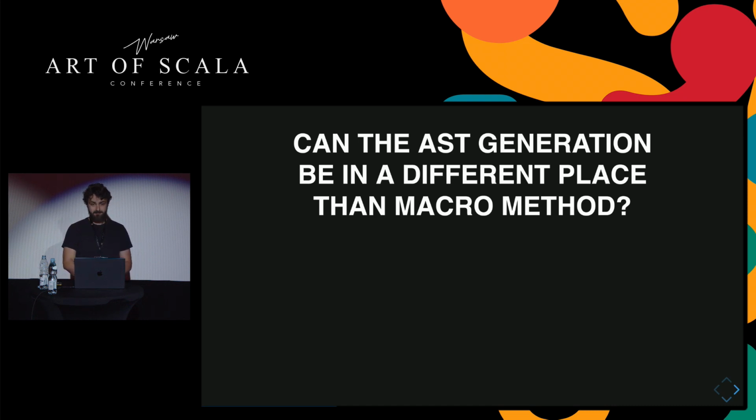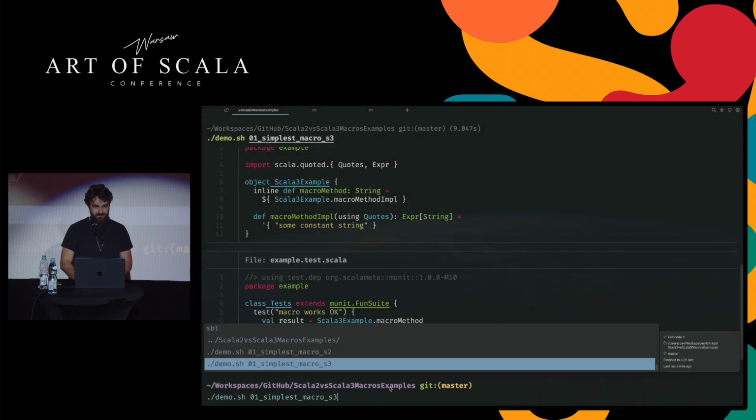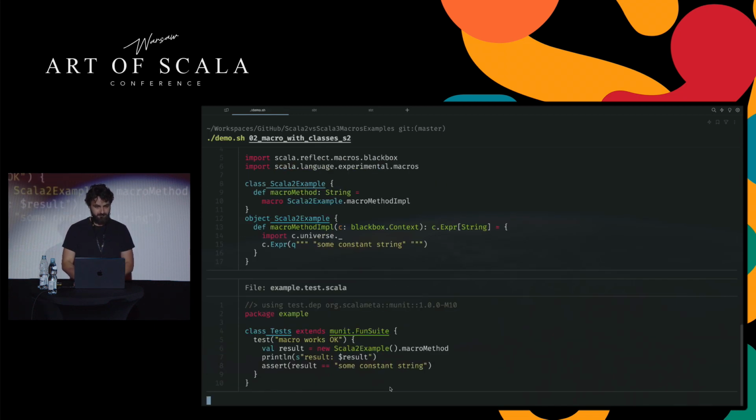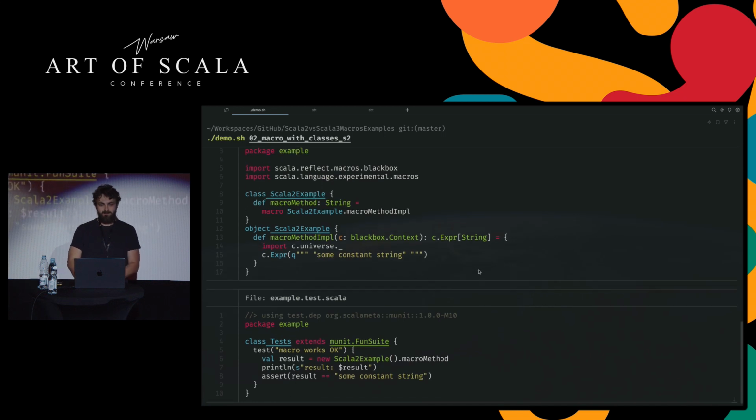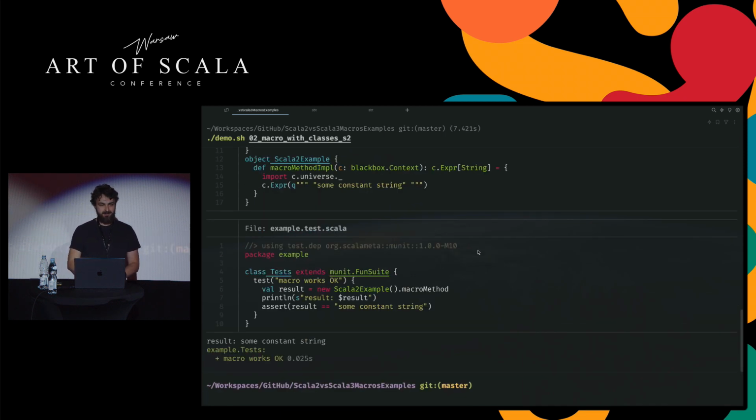So we can see some example of how we can separate those things. One thing you can do is have the macro definition in one place, the macro implementation in another place.